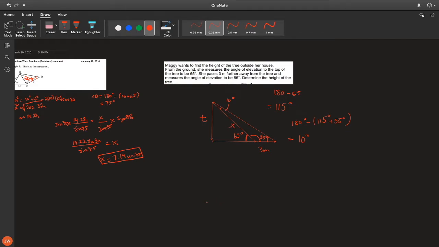So, x over the sine of 55 is going to be equal to 3 over the sine of 10. So we have an unwanted division by sine 55 on x. Let's multiply that out.